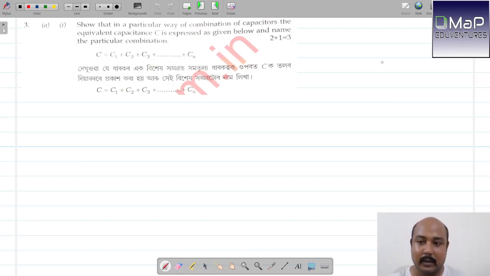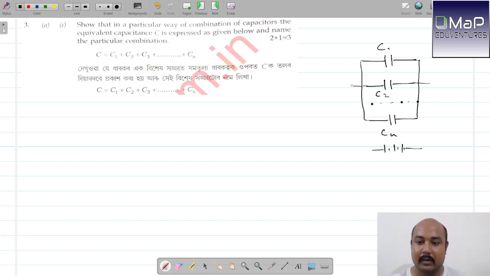Suppose we take it like this. Now we see that this potential difference V appears across all the capacitors, irrespective of how many capacitors are connected. All the capacitors will receive the same potential difference. The proper derivation is given in the notes, so I am simply going through the mathematical steps.